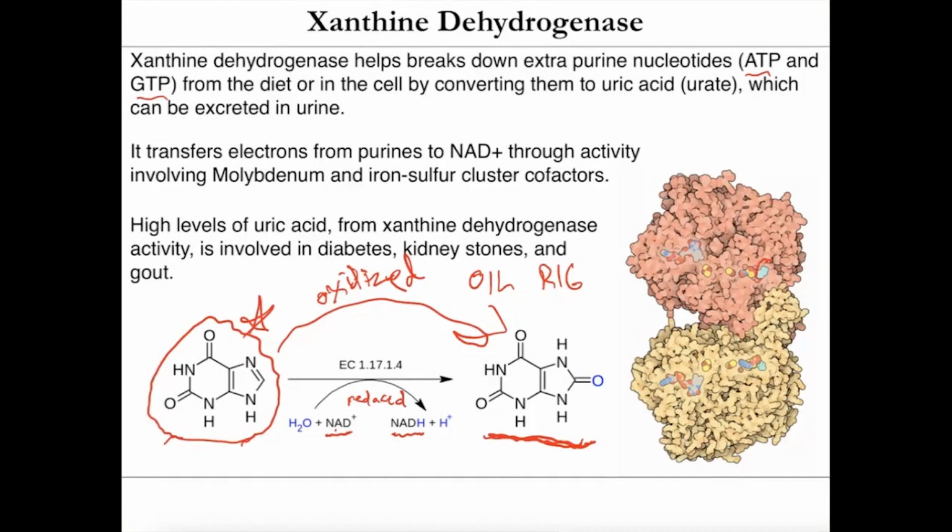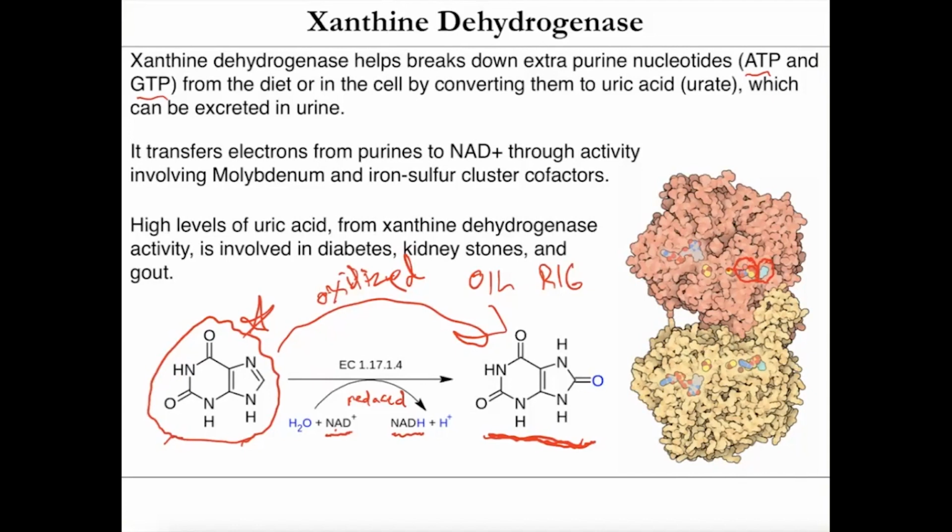It'll take from this purine molecule here, and those electrons will be transferred to a molybdenum ion. You need molybdenum. It's just an element. You need it in trace amounts, partially for the activity of this enzyme.